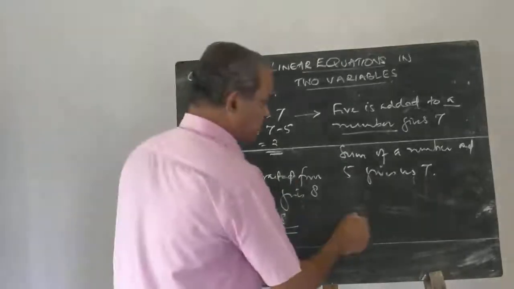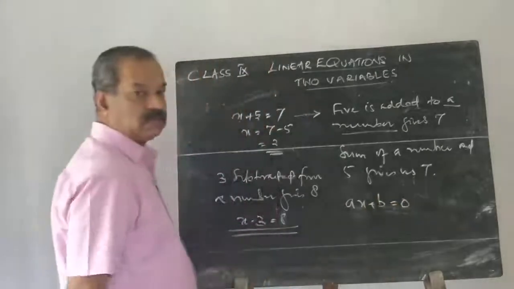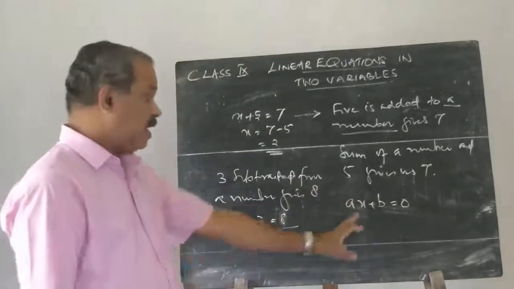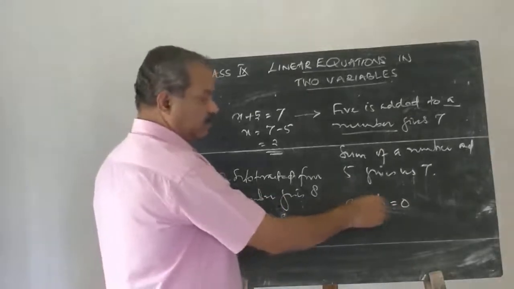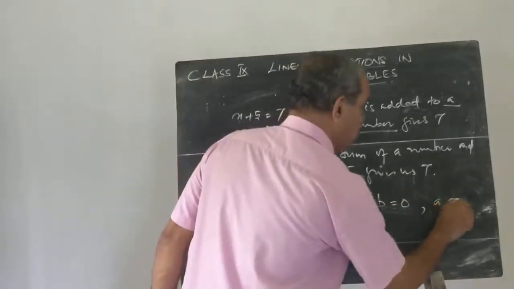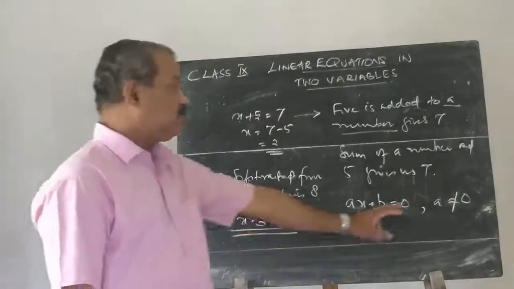In general, we can say that ax plus b equal to 0 is the standard form of a linear equation in one variable. ax plus b equal to 0: a term containing x, b a constant term, equal to 0, where a not equal to 0. We have to apply this condition also.